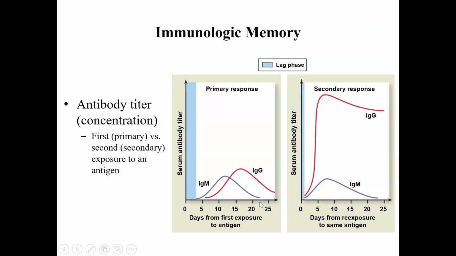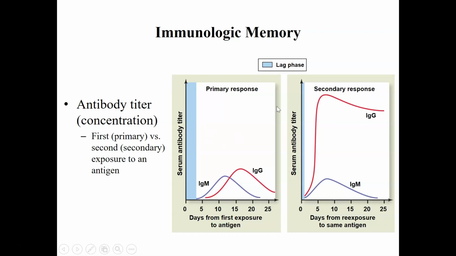On the bottom is days from first exposure. So 0 is time of exposure, and this is running through 3-4 weeks after exposure. The left panel is the primary response. The right panel is the secondary response.